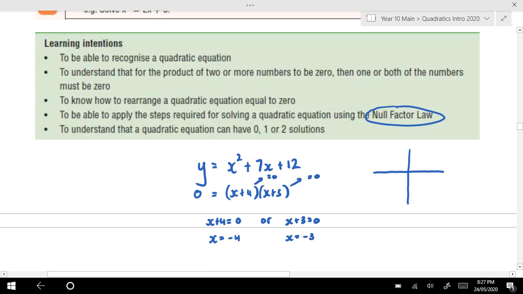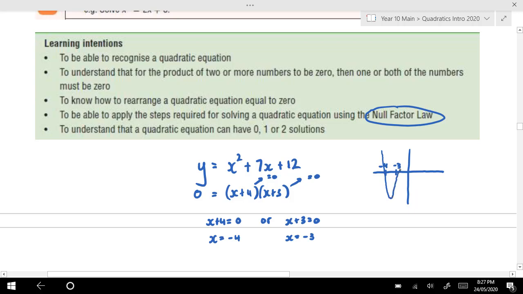Basically, this process of factorizing and solving is going to find our intercepts. So there you go, I've got a quadratic which might go something like this.